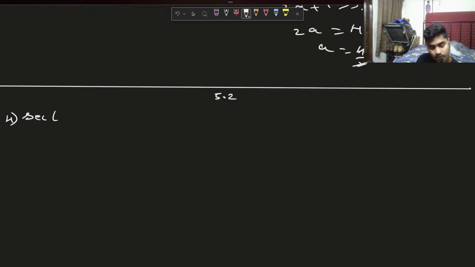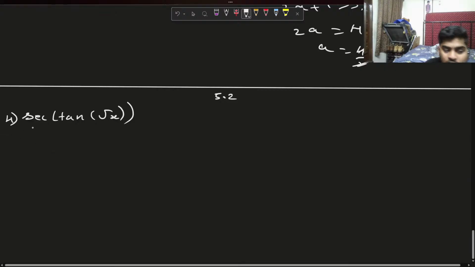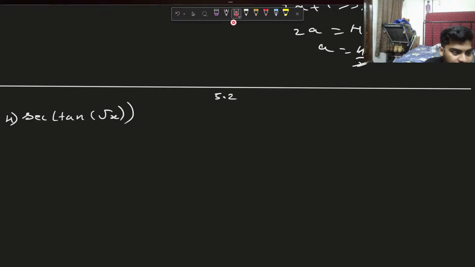Sec of tan root x. Please follow the chain rule. Okay. Sorry. Chain rule, not sine rule. So according to me this is in the form of sec x.